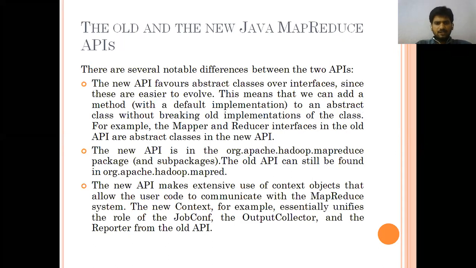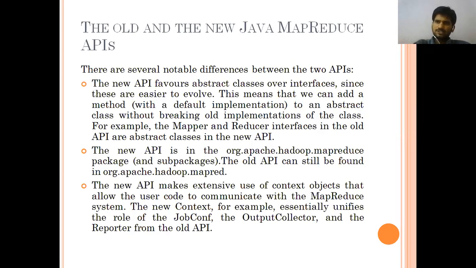There are several notable differences between the two APIs, the old and the new. The new API favors abstract classes over interfaces. What is the difference between abstract classes and interfaces? With interfaces, we apply the inheritance concept, and the extends keyword is used with the interface.